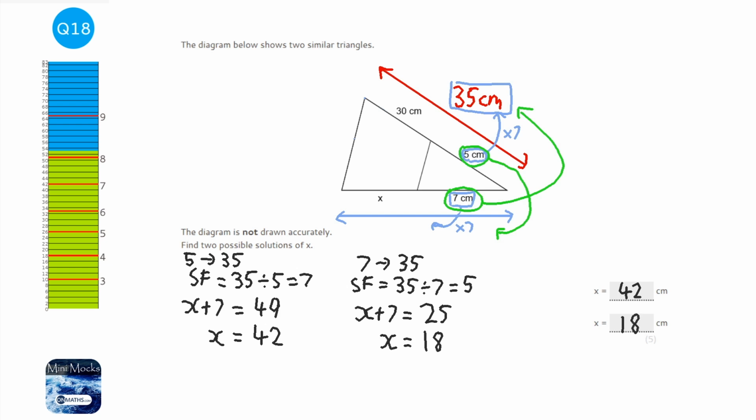It's very, very difficult to get your head around that, because it's so convincing that these two lines are parallel, but they're definitely not. And the hint in the question, in this one anyway, is that it's saying that the diagram is not drawn accurately.